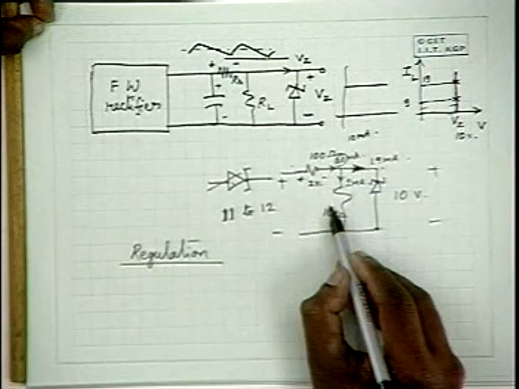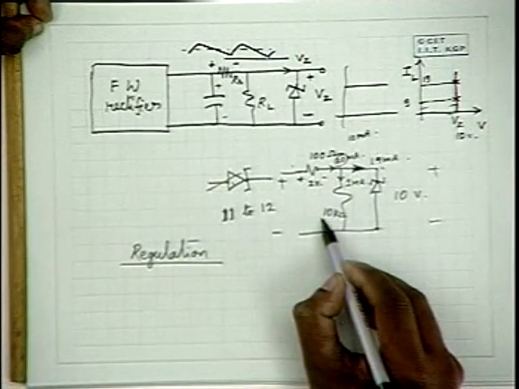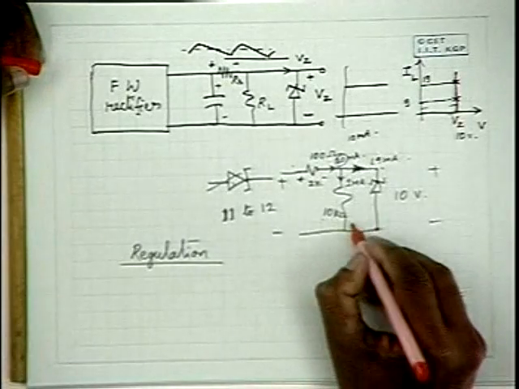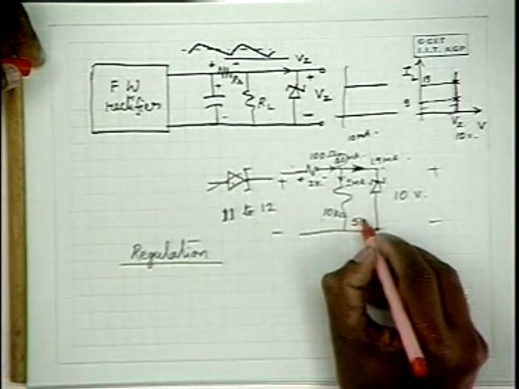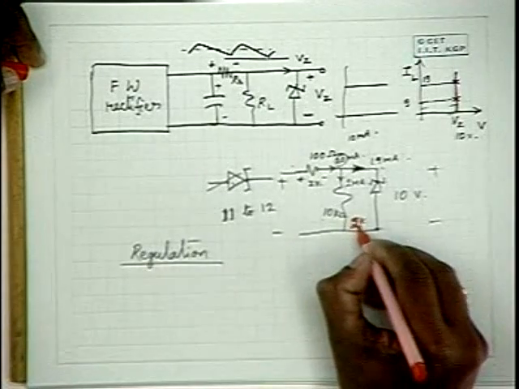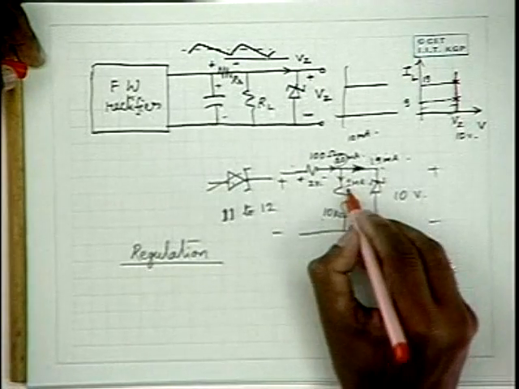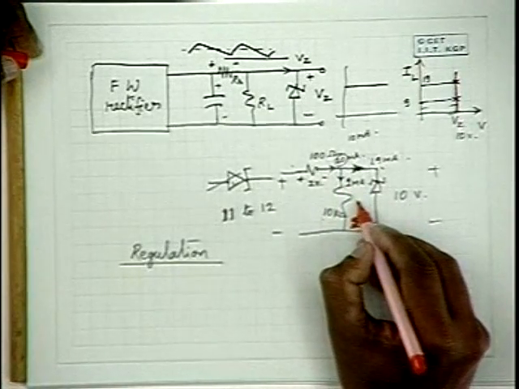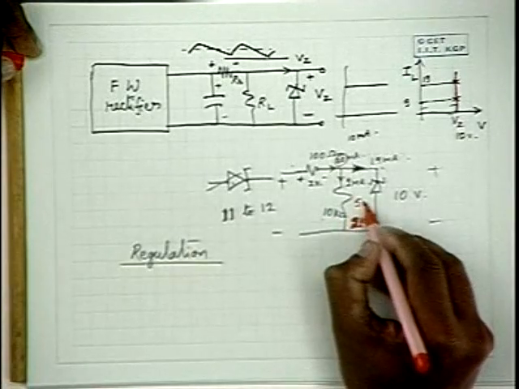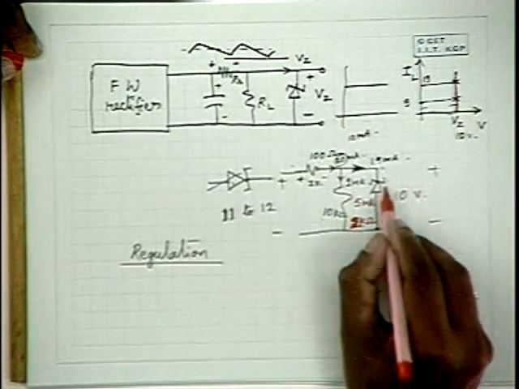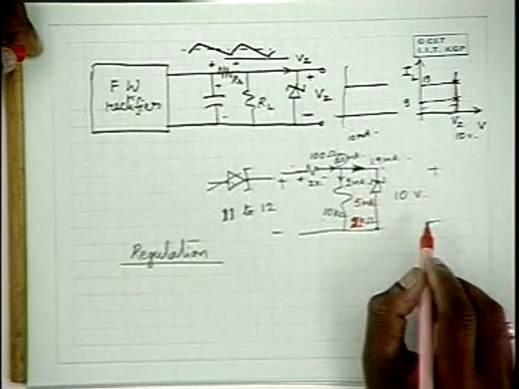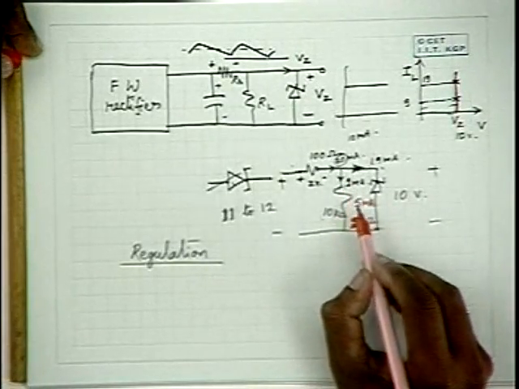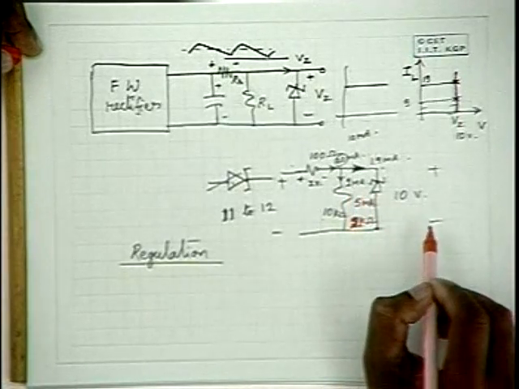Now in this application, if we change this particular load resistance to, say, 2 kilo ohms, so that the load is increased from 1 milliampere to about 5 milliamperes, provided the voltage remains constant at 10 volts, let us see whether the voltage remains constant or not.